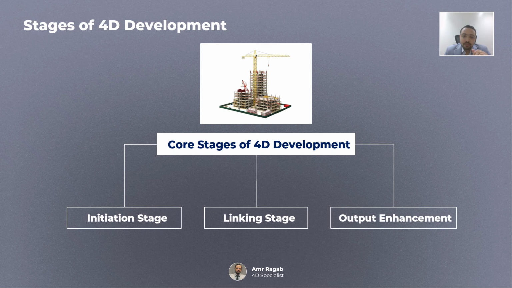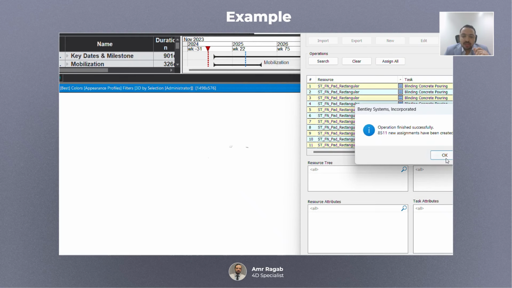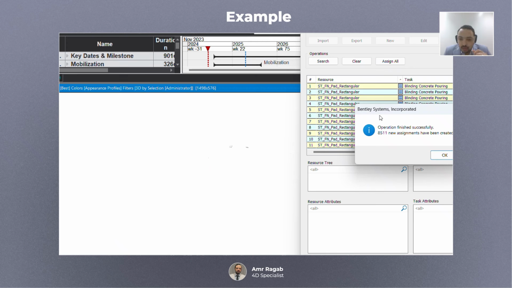As you see here, this is a screen recording from Synchro. It's an auto-matching process. This is the model after assigning. As you see, if we stop here, it's over 8,000 elements assigned in less than 1 minute, in seconds.